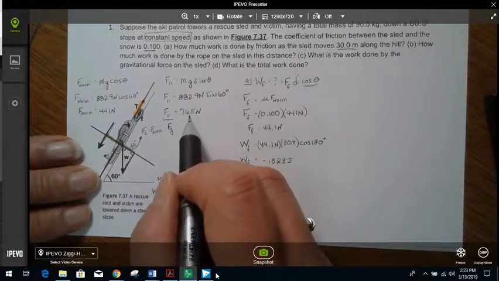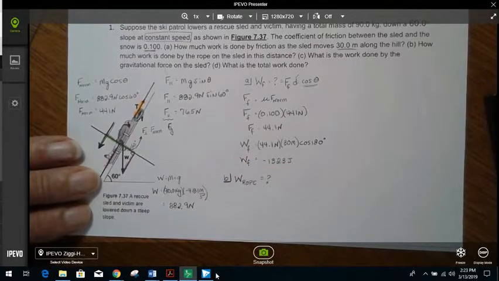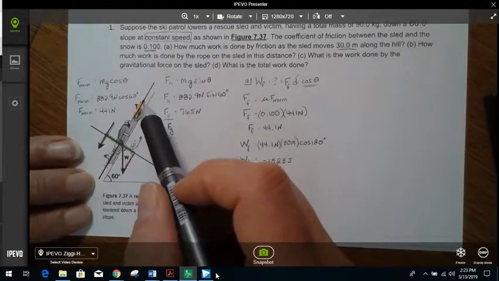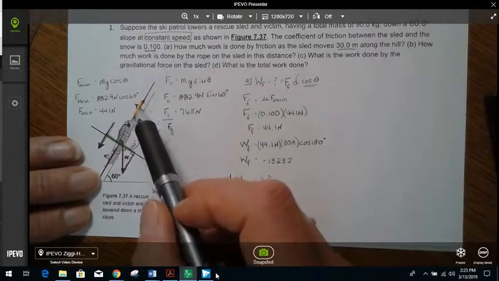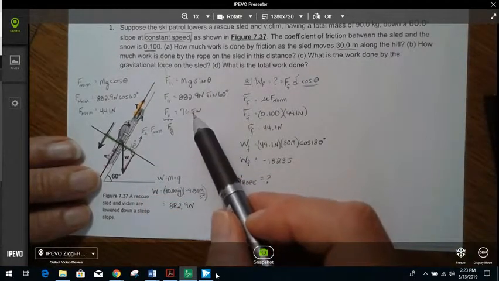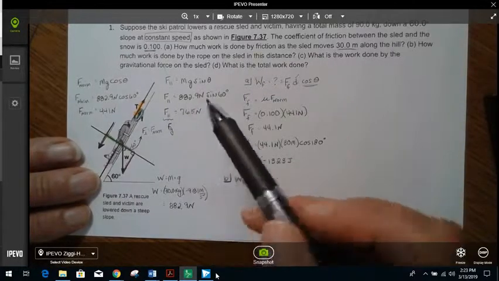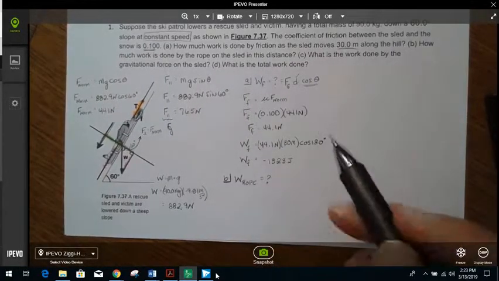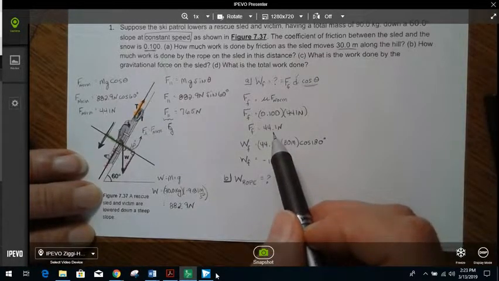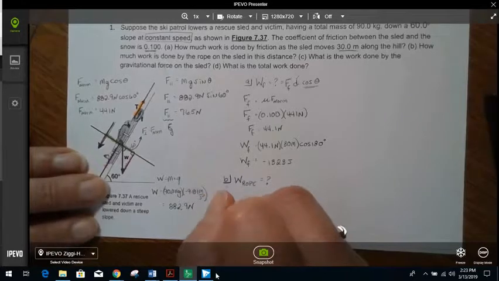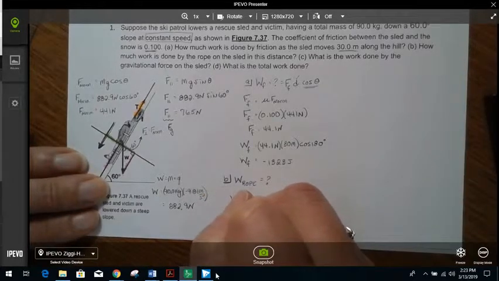We don't know the work done by that, but we know what the force is. So the tension in this rope is going to be 765 newtons minus our 44.1 newtons.